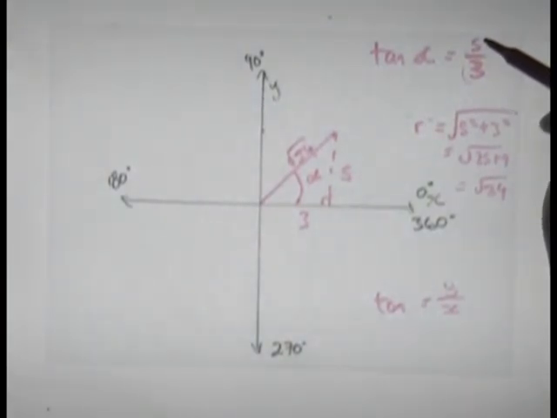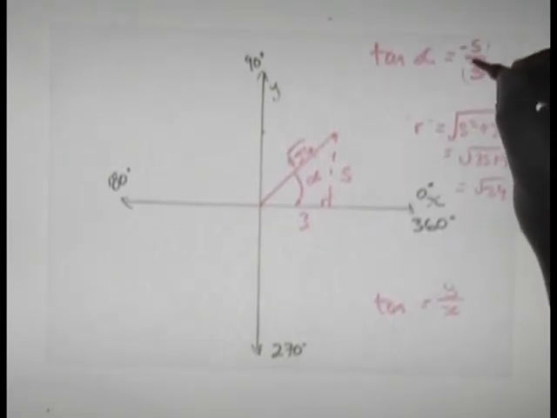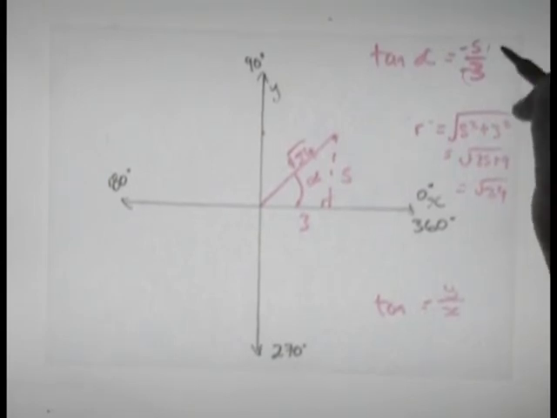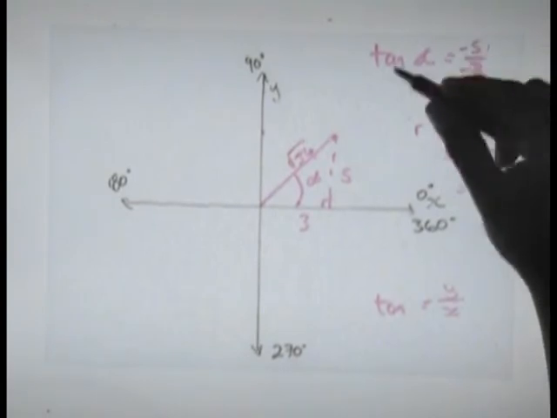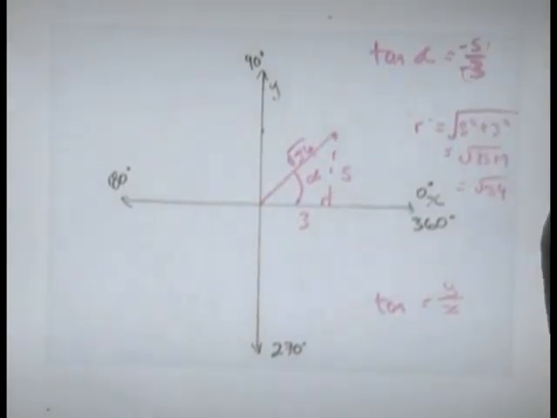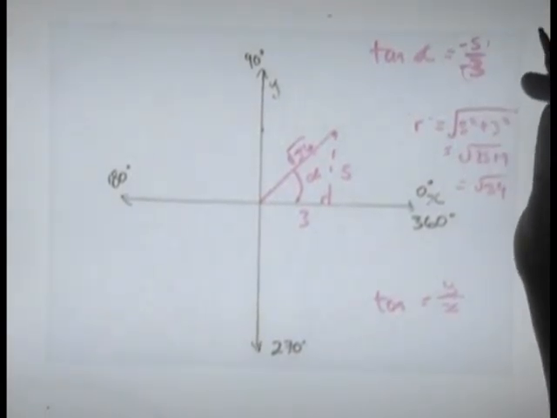No, it is not. The other possible angle that could adhere to that is negative 5 over negative 3. Wouldn't negative 5 over negative 3 also give us a positive? Negative divided by negative is positive, right?